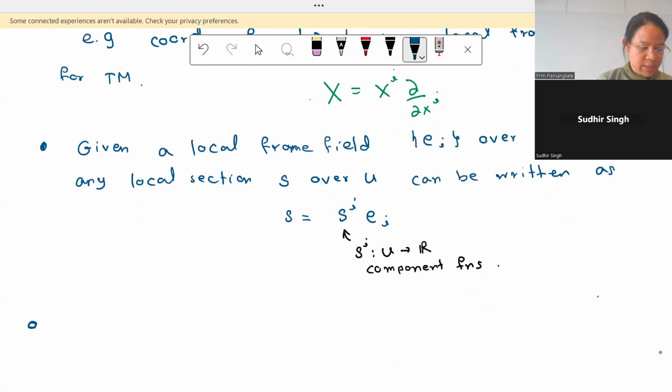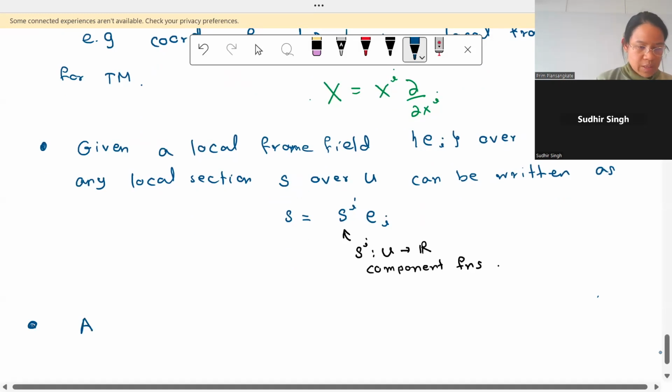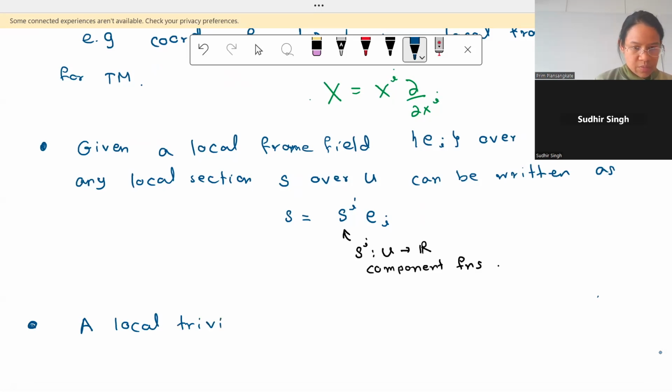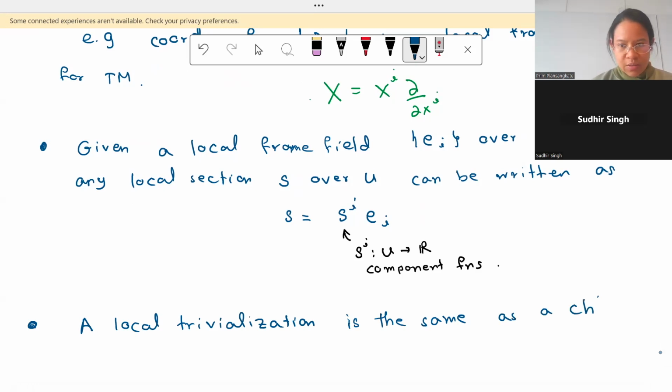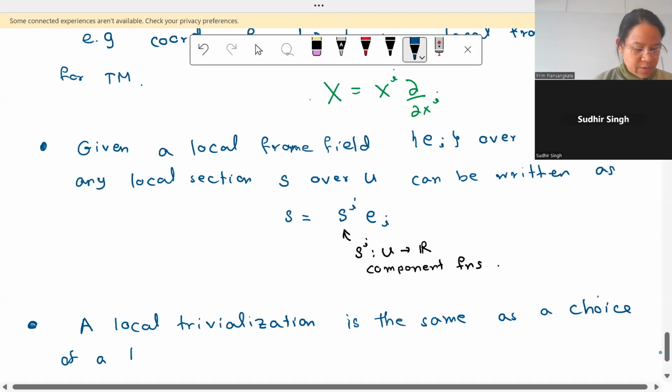So this is important. A local trivialization is the same as a choice of a local frame field.